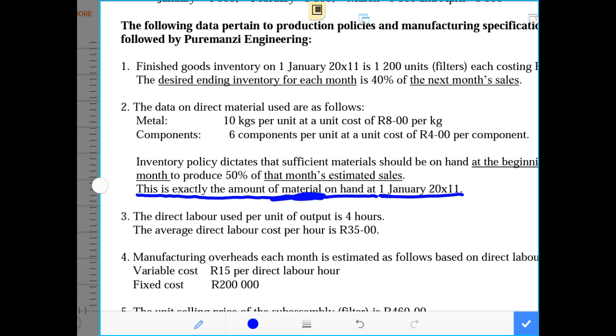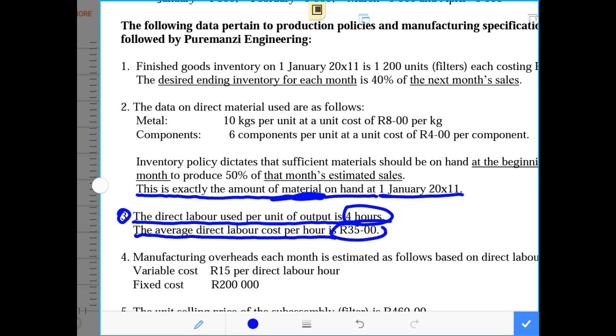Then it says under number 3 that the direct labor used per unit of output is 4 hours. That means the company spends 4 hours to complete 1 unit. And it says the average direct labor cost per hour is 35 rand. That means employees are paid 35 rand per hour.